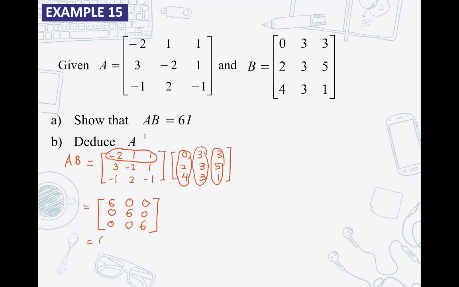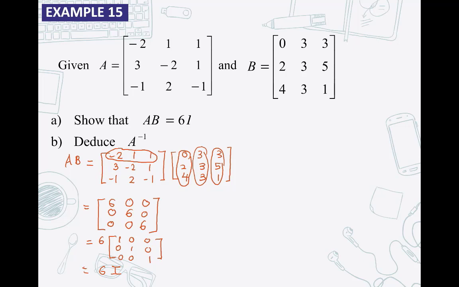So this is equivalent to 6 multiply 100, 010, 001. Okay, students. So remember, 100, 010, 001 is identity matrix. So we have showed that AB equals 6I.